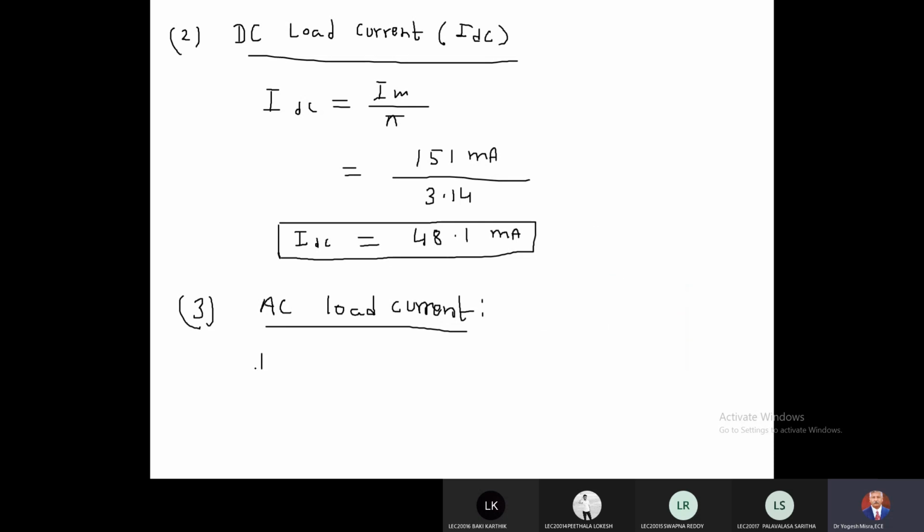So this AC load current is IRMS, and how much is it? It is IM by 2.